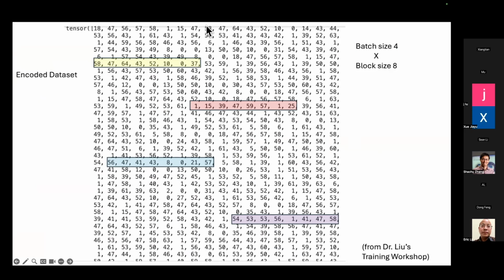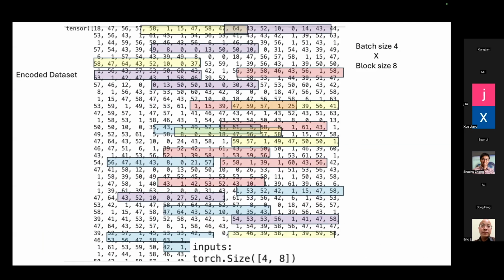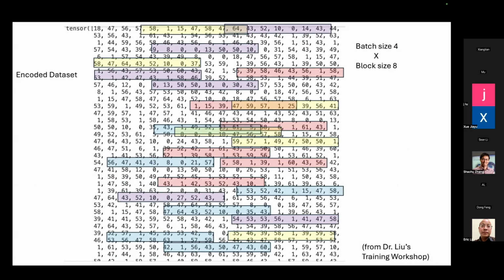After the first round, we can do a second round. Again we take 4 blocks, each of size 8, and again. Finally, when we randomly run enough, we will almost cover all the sampling data, possibly with repeated overlap, and we will use it for the training.